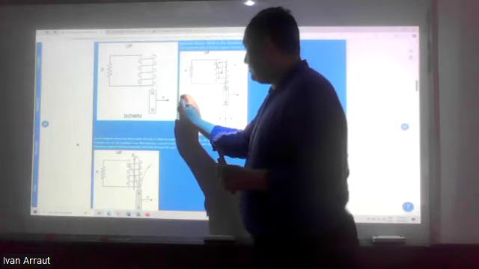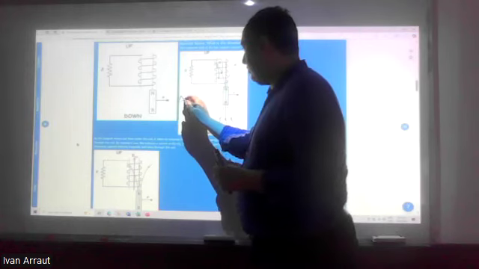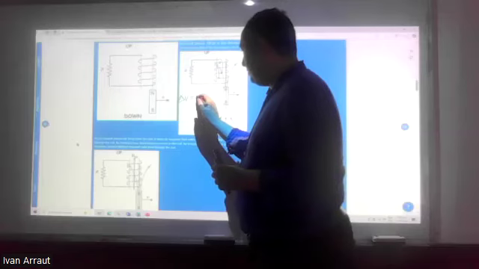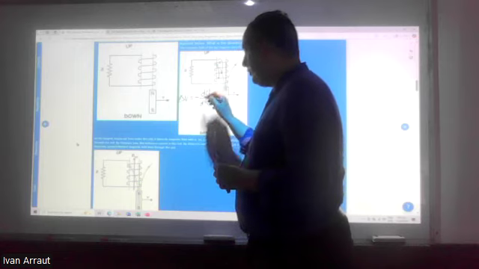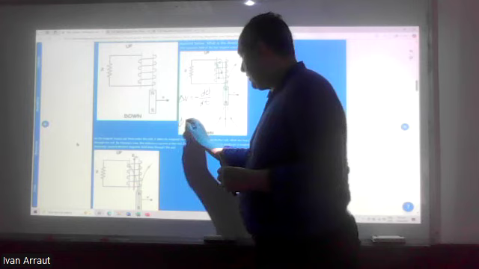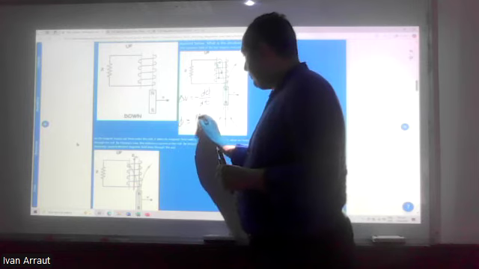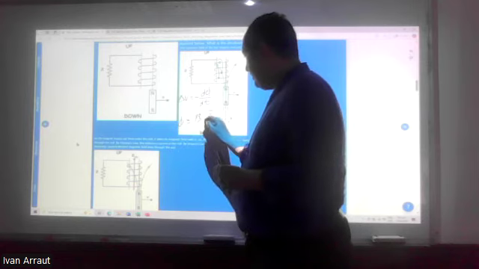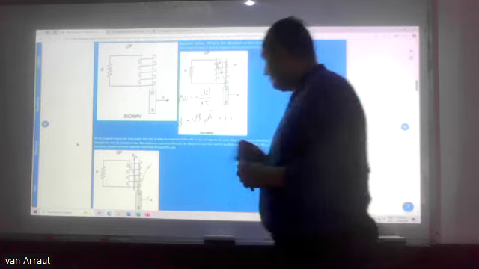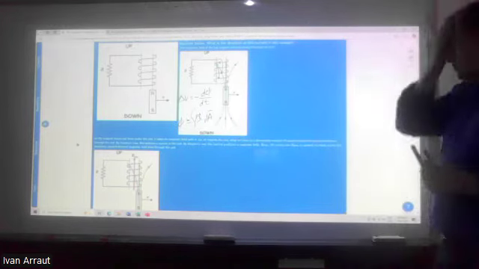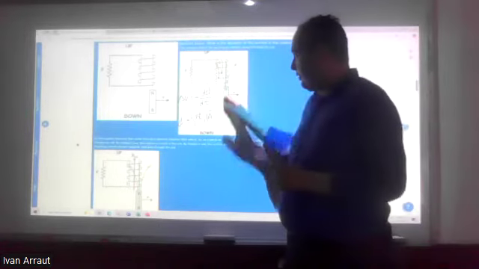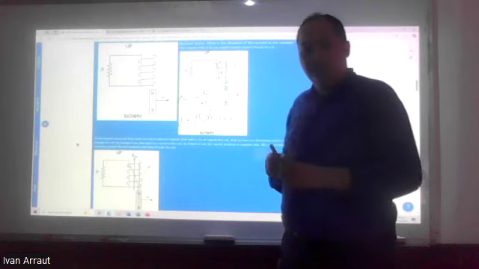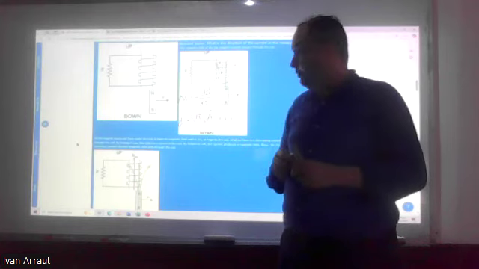Remember, the voltage generated is the negative of the change in the flow in time of the magnetic field. But phi is the magnetic field times the area. So this is the flow of magnetic field through this wire. And this is how the transformers operate.